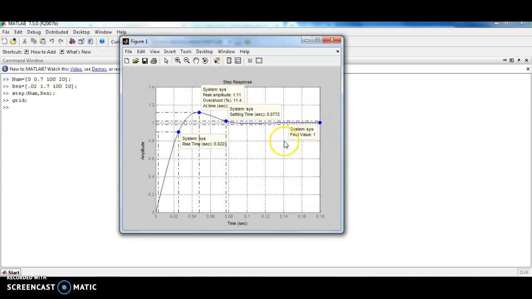These values you can note down in a table. So this is regarding P, PI and PID controllers. Thank you.